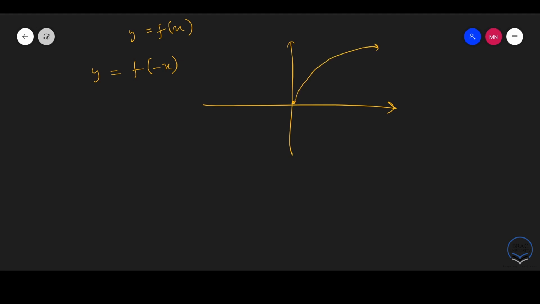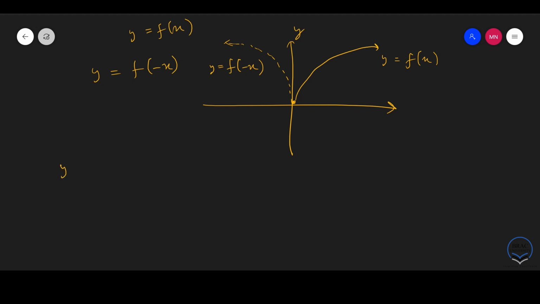And instead, if we had a function f of x and we wanted to graph f of minus x, then in this case we're reflecting the graph along the y-axis. So we just reflect this graph along the y-axis. So this will be the graph of f of minus x.